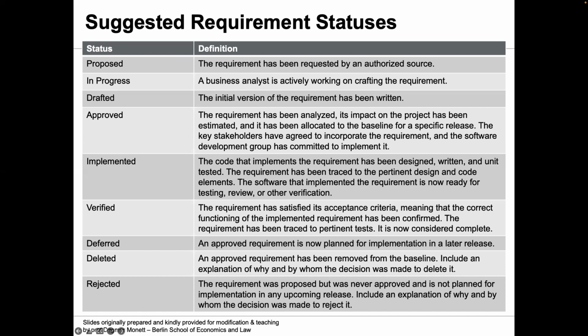Statuses also help you. There's this syndrome called the 90% syndrome, which is that as a business analyst, if you ask your developer how the development of the project is going, and he says, oh, I'm 90% done.